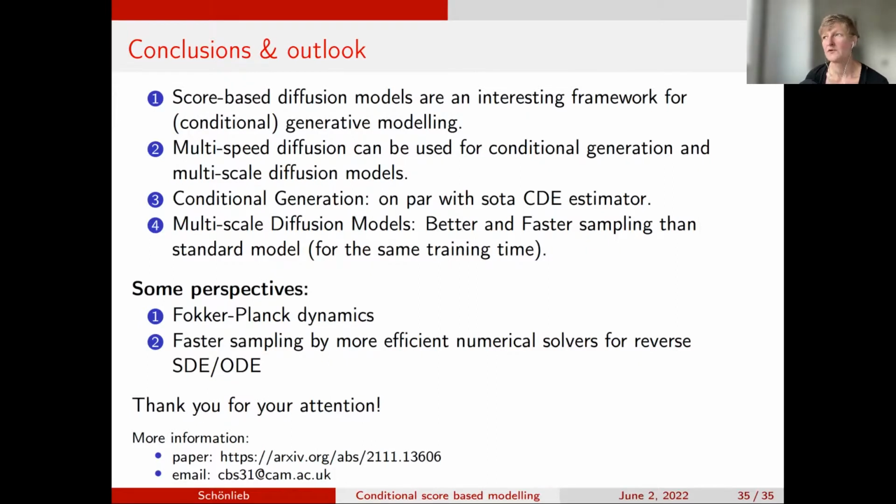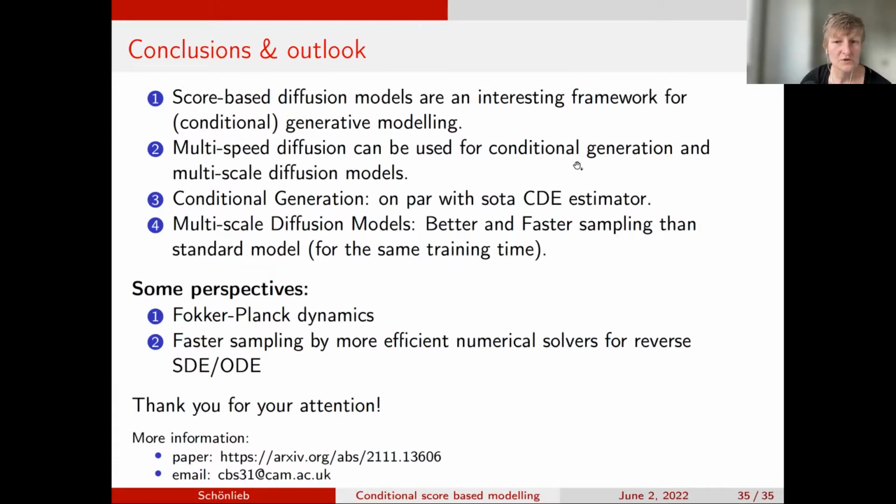And if you approximate the score well enough, you also get some guarantees for the reverse SDE. This is somehow nice. I like this more than using a neural network directly to do generation or to solve a mathematical problem that you have.